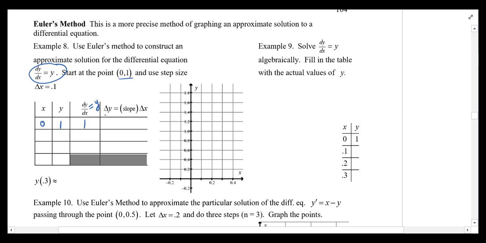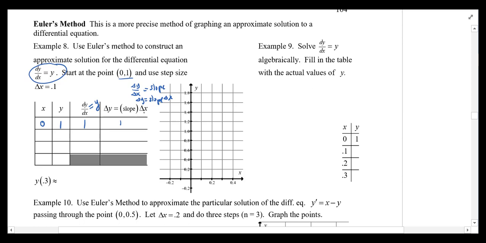If I move the delta x over, that's slope. So delta y equals slope times delta x. In the first line here, delta y becomes a slope of 1 times delta x.